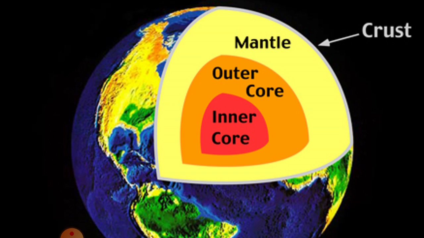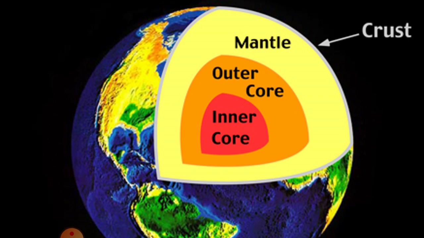Below the lithosphere or crust, we have two more layers called the mantle and core. What are the two layers? It is mantle and core. This is mantle and this is core. The mantle is the middle layer which is thicker than the crust but thinner than the core. As we go deeper into the earth, it gets hotter and hotter and the pressure increases.